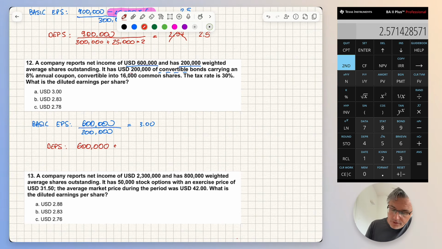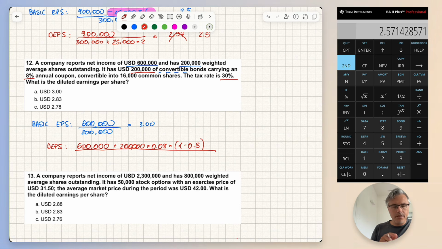So 200,000 worth of convertible bonds, 8% annual coupon, so times 0.08, and times 1 minus the tax rate, so 0.3. That is the expression. And by the way, in the exam, you also need to practice solving these questions without writing anything down. There is nothing really to say that you have to write all of this out. It's just a lot of time.